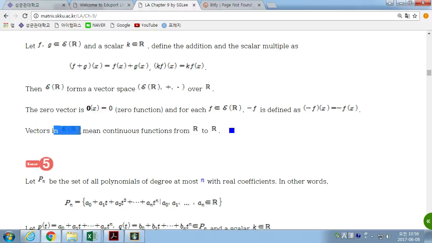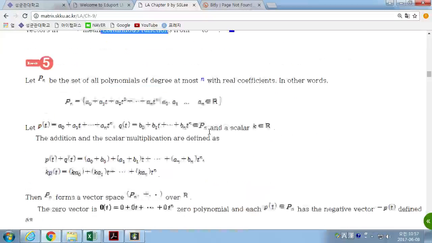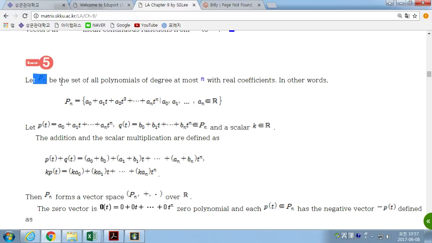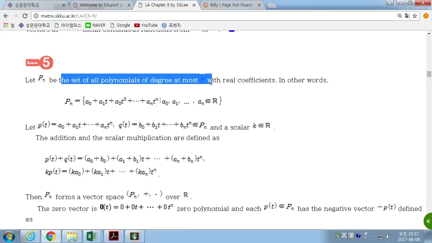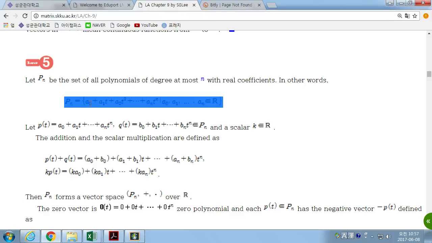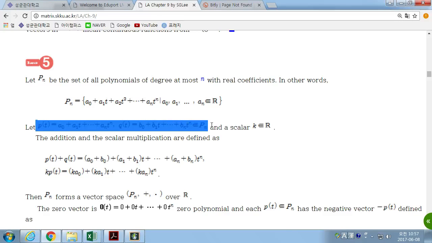So when you say C of R, that's the vector space with this. Any element in here is called a vector, which is a continuous function from R to R. Pn, the set of all polynomials of degree at most n with real coefficients. Then take arbitrary two elements from Pn, let's say P and Q, which can be written as polynomials like this.